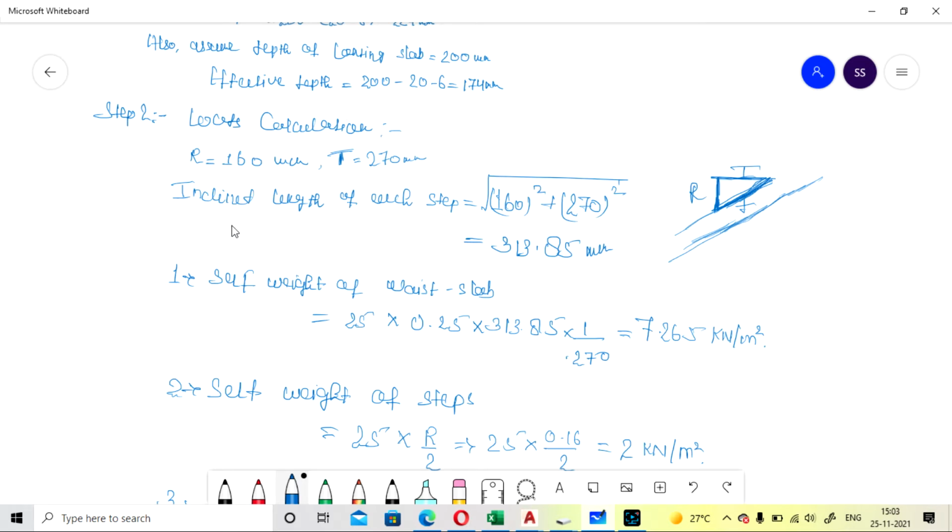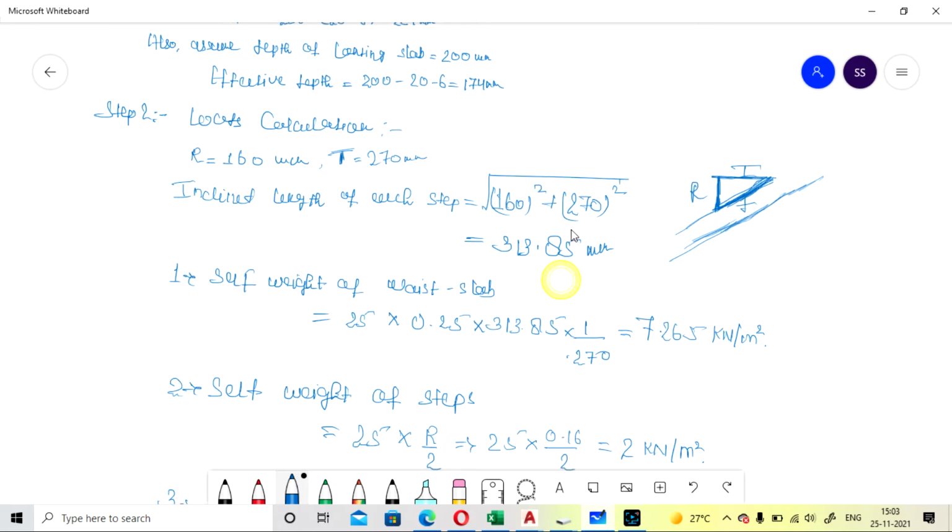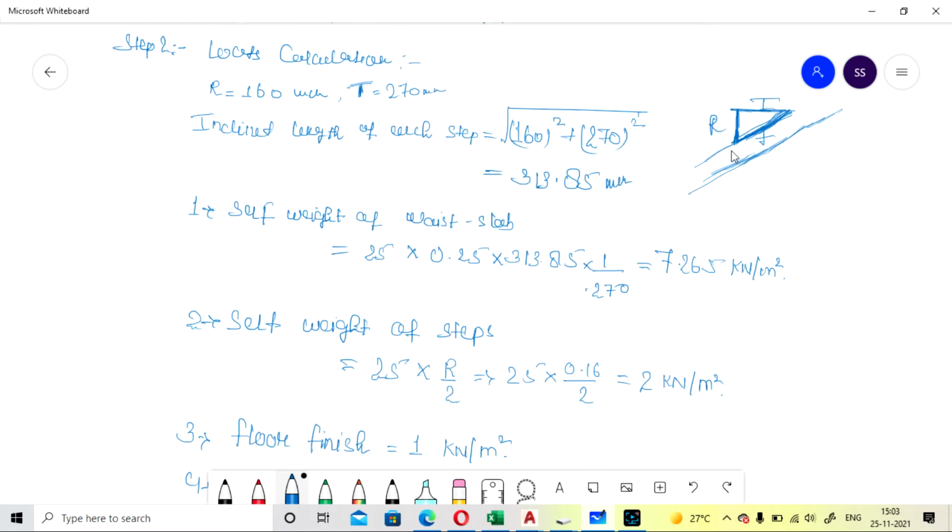If you apply the Pythagoras theorem, it will come as the square root of 160 squared plus 270 squared, that is hypotenuse squared equal to perpendicular squared plus base squared. So you can find the value of the inclined length as 313.85 mm. So this length is available.